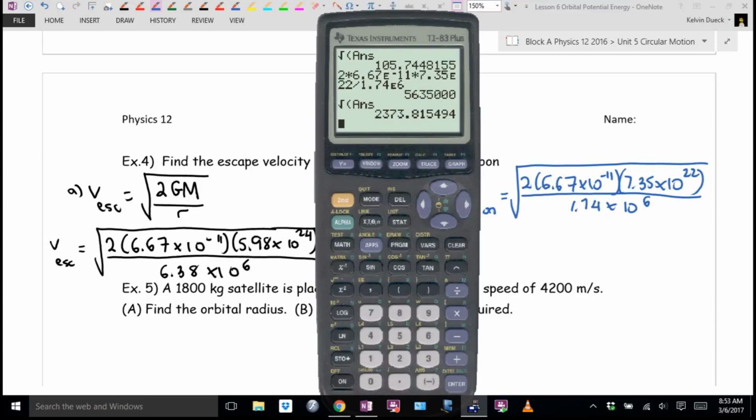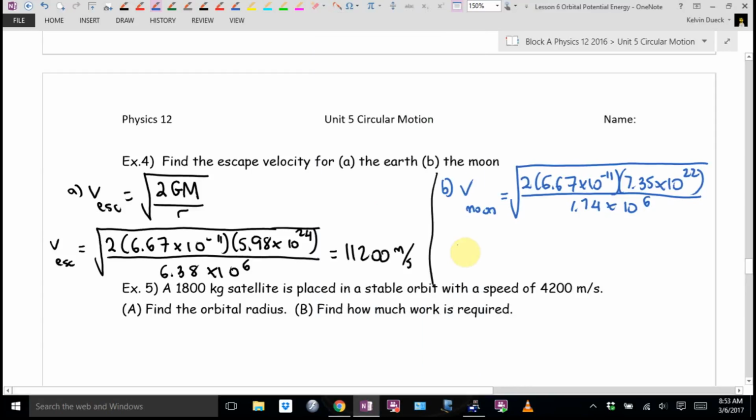You get 2,374? 2,370. A little easier. Now, right now, though, that wouldn't be easier because to get that escape velocity, we would first of all have to send stuff from Earth via escape velocity to get to the moon.